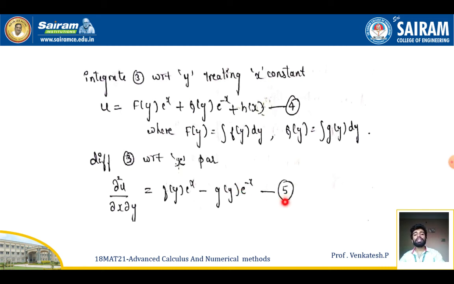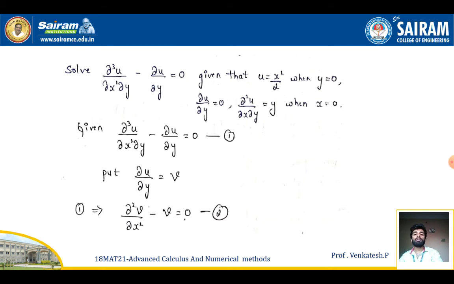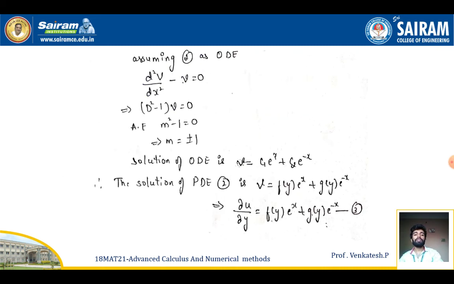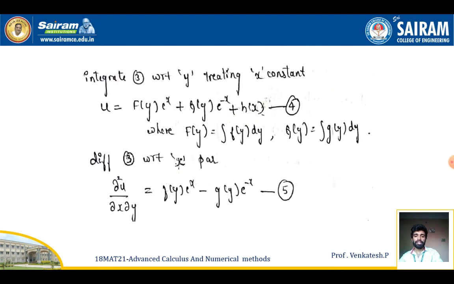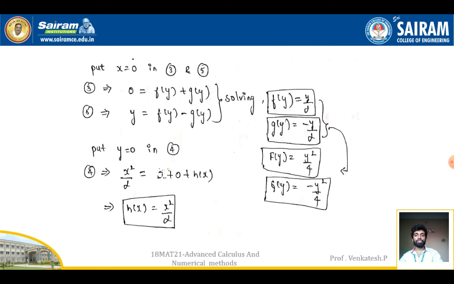So now we have to estimate the constants one by one from the given conditions. First I am going to replace ∂u/∂y = 0 when x = 0. Replacing that condition in equation number 3, I get f(y) + g(y) = 0.